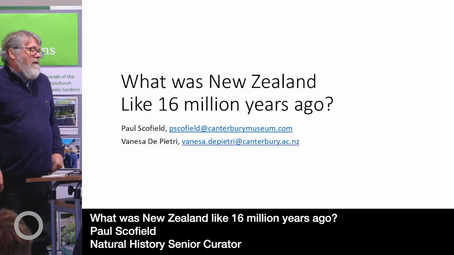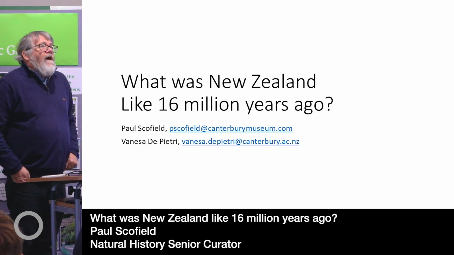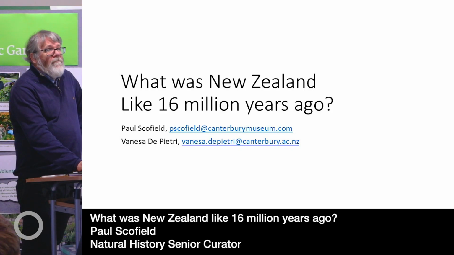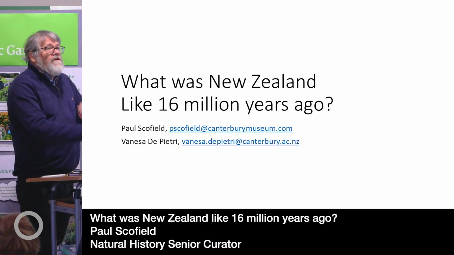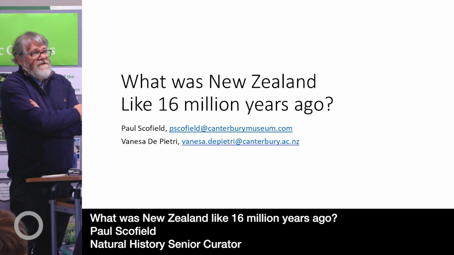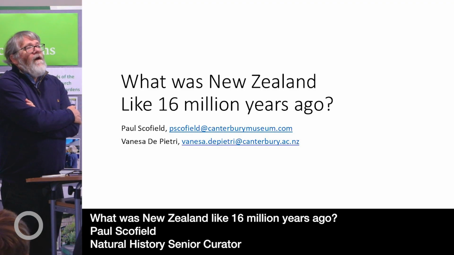And it's a period that is rather different, both weather-wise and even position-wise, for many parts of the world. So the talk that I'm giving today is what was New Zealand like 16 million years ago.